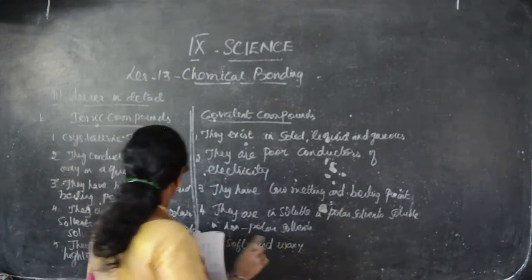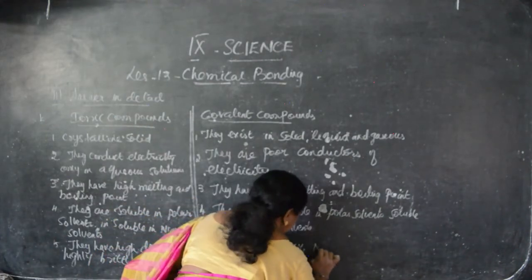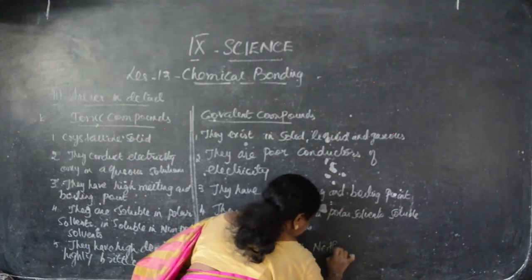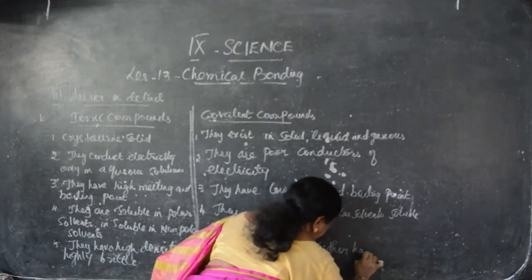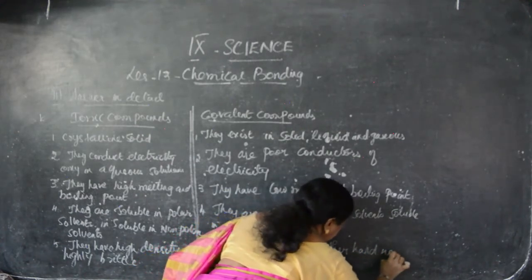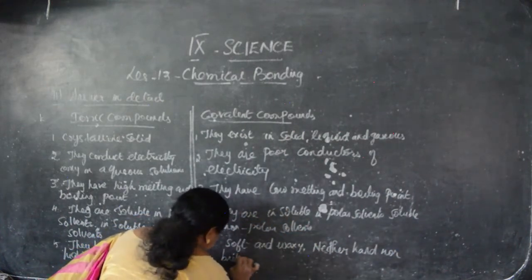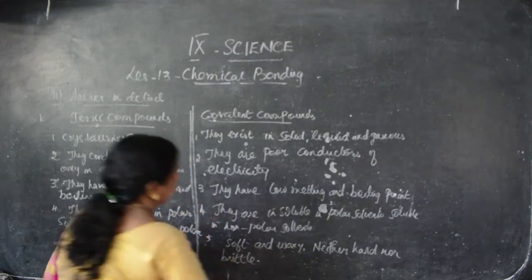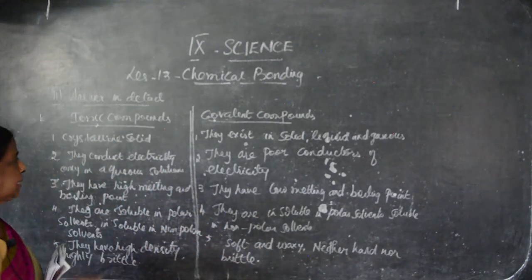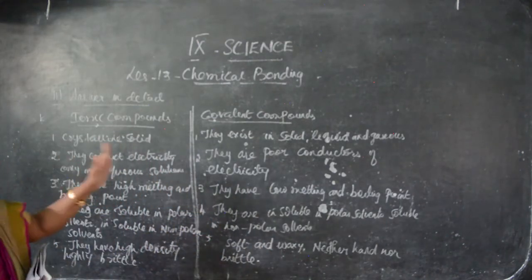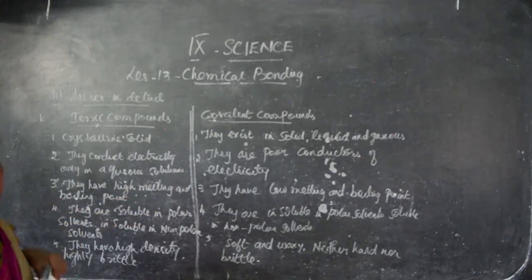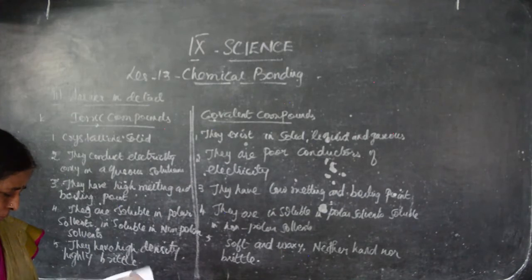Neither hard nor brittle. Clear? Here 5 points, there 5 points we are writing. Point to point, you have to write very clearly. Do you follow, children? Let me go for the other question.